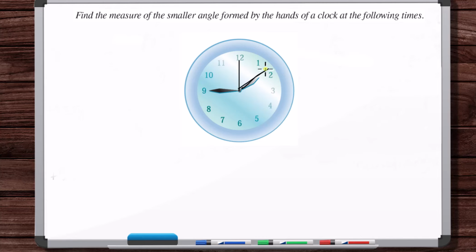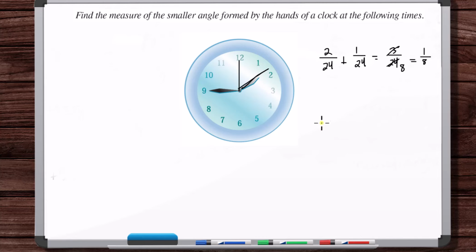So 1/12 is 2/24 plus 1/24. That's 3/24. 8 times 3 is 24. So this is 1/8. When we go from here to here, we've rotated 1/8 of a full rotation.